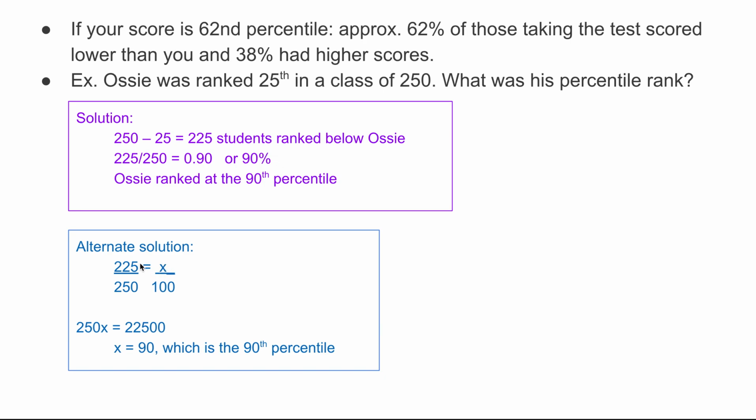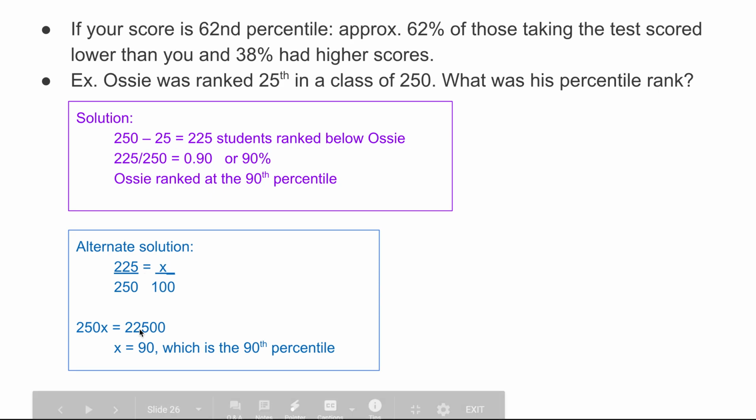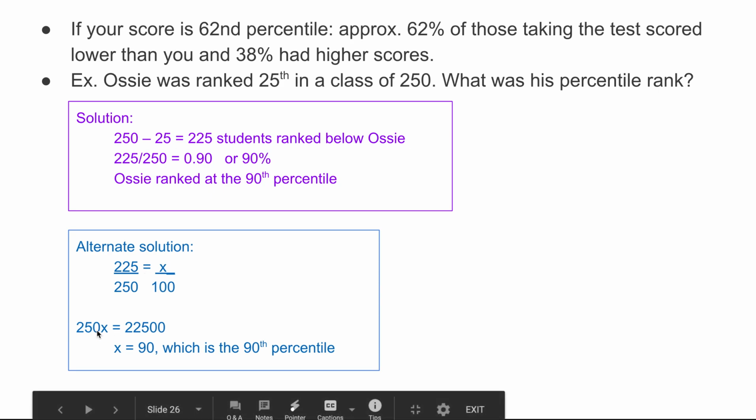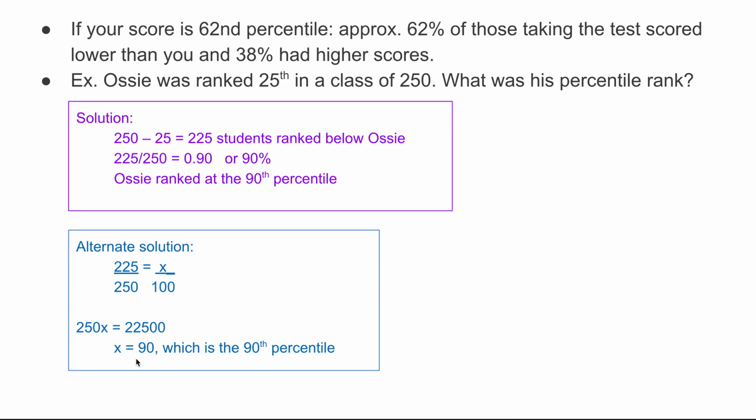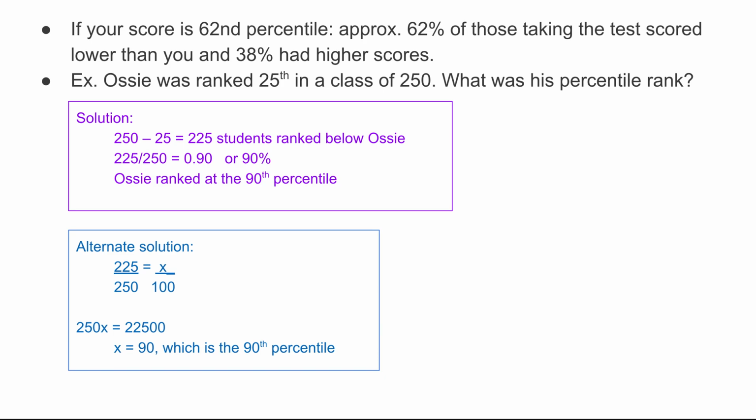You can do cross multiplication. 225 times 100 is equal to 250 times x. So you can divide both by 250 and you get 90. So it is 90th percentile. So when you're calculating percentile, always look at how many are below. How many are below divided by total number times 100 is the percentile.